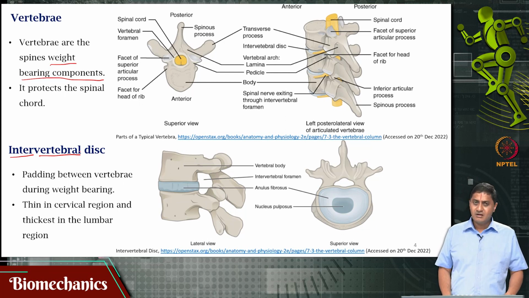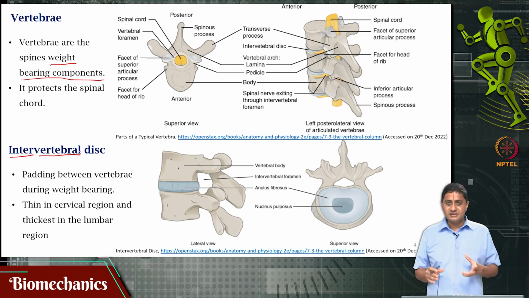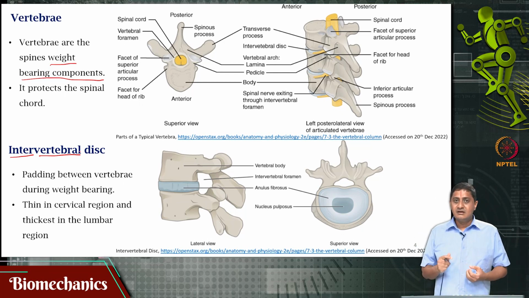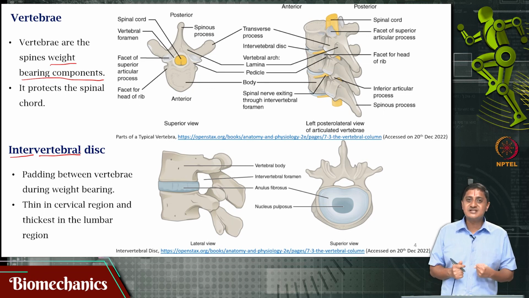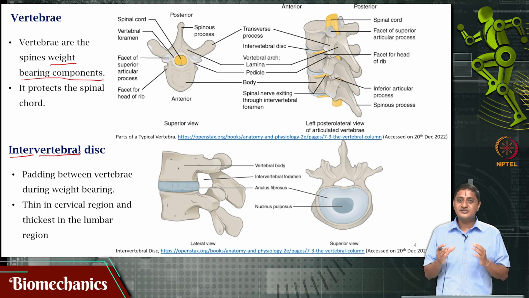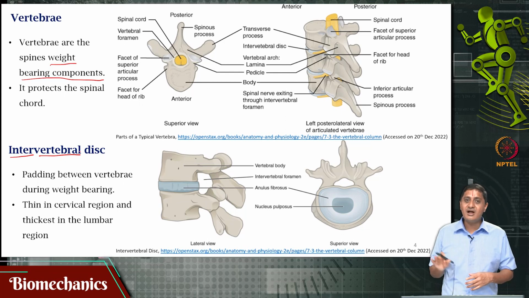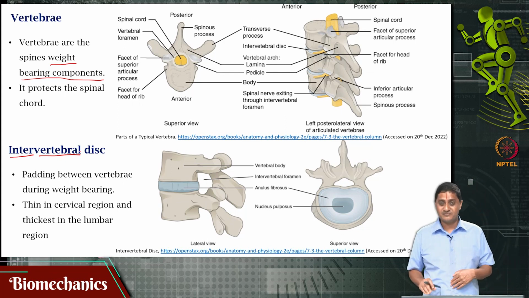Okay. What is the purpose of this? Why do you need a padding? Because it turns out that vertebrae themselves are bony structures. When they interact with each other, there can be unwanted forces between them, and you want to make sure that force transmission is along the directions that are desired and not in directions that are not desired, right.